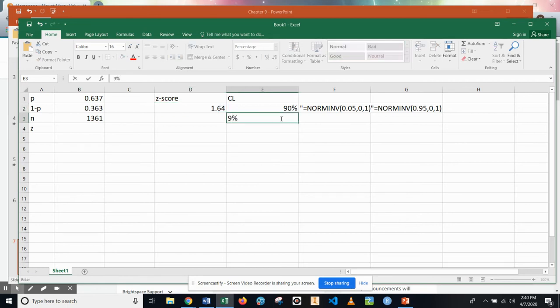And then if I did a 95%, I would do a norm inverse of 0.025, 0, 1, or a norm inverse of 0.975, 0, 1. And that should give us 1.96.